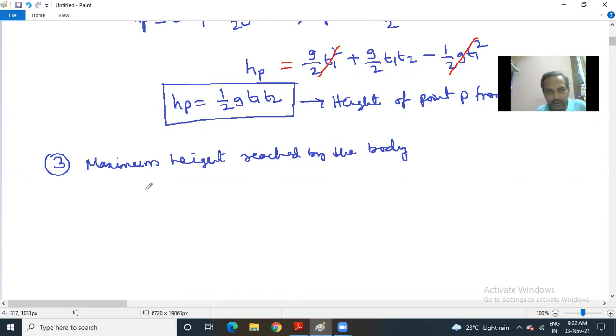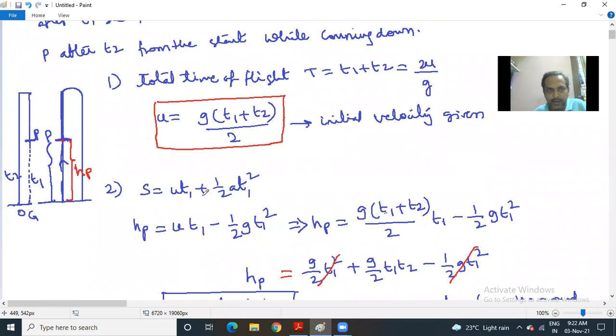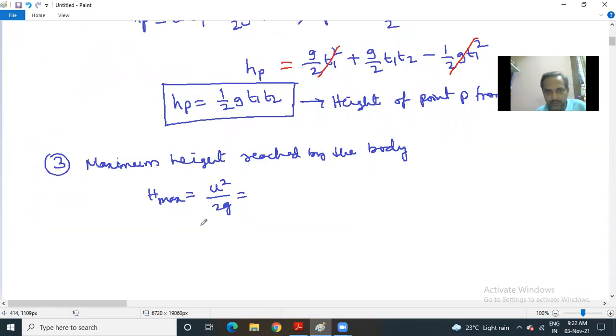You might know the H max expression when a body is thrown vertically upwards, it is u square by 2g. Now in this concept, you got u equal to g of t1 plus t2 by 2. Let us substitute that. So 1 by 2g, u expression is g of t1 plus t2 whole divided by 2, but it is square, so therefore square.